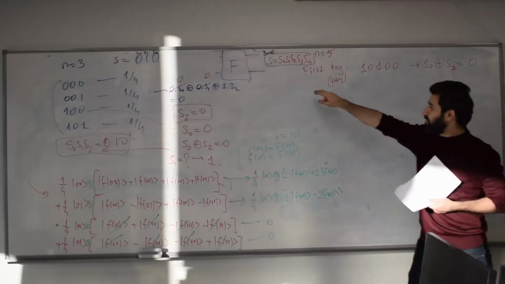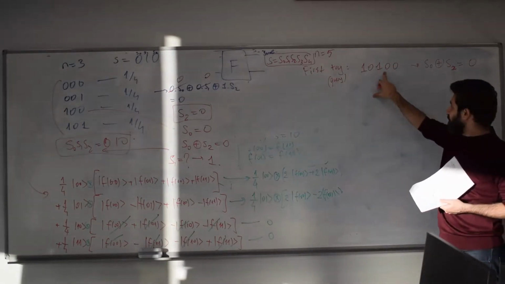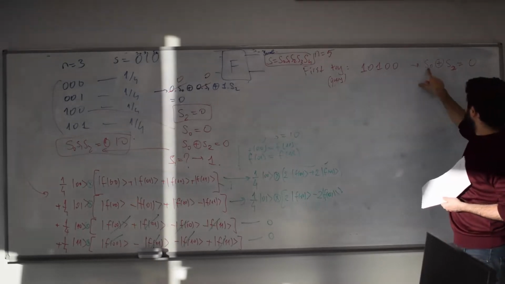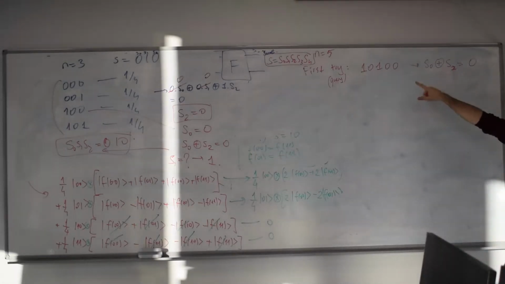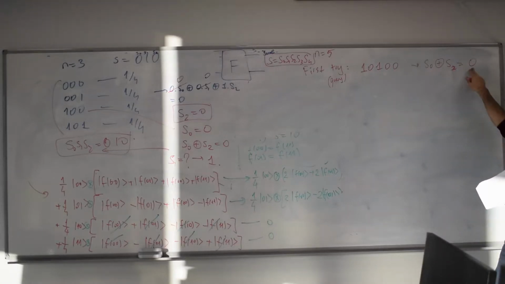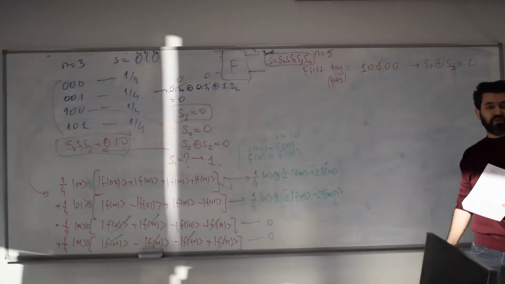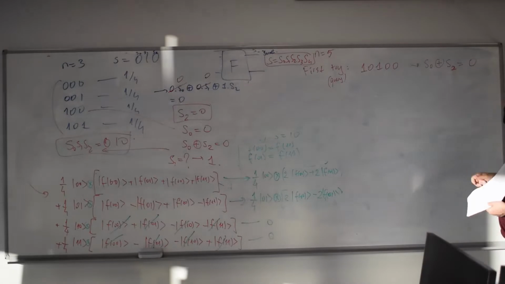I know that the product of S and this sequence is 0. So if I take the dot product, that gives me S0 XOR S2, because the rest of them are just zeros and cancel away. The result should be 0, because it appeared at the output of the measurement, so I know this property holds.